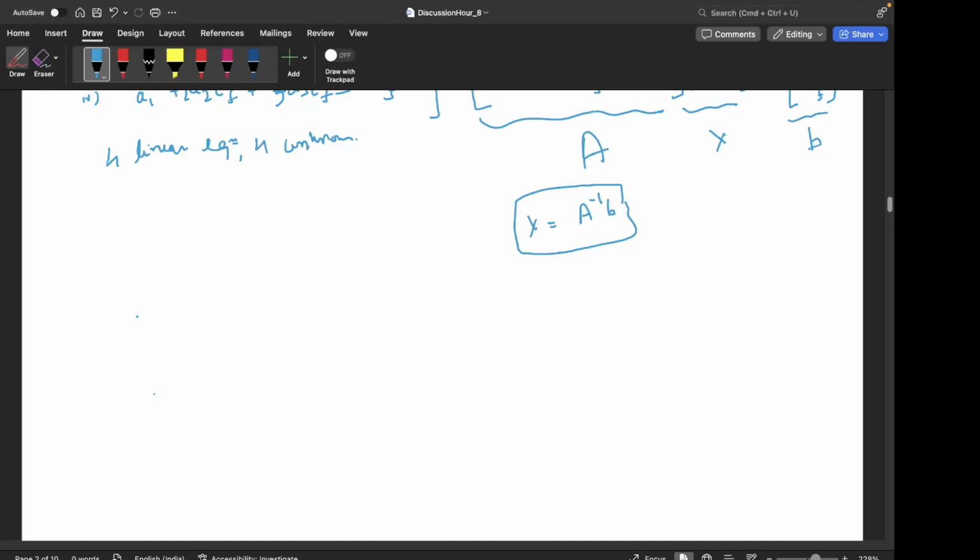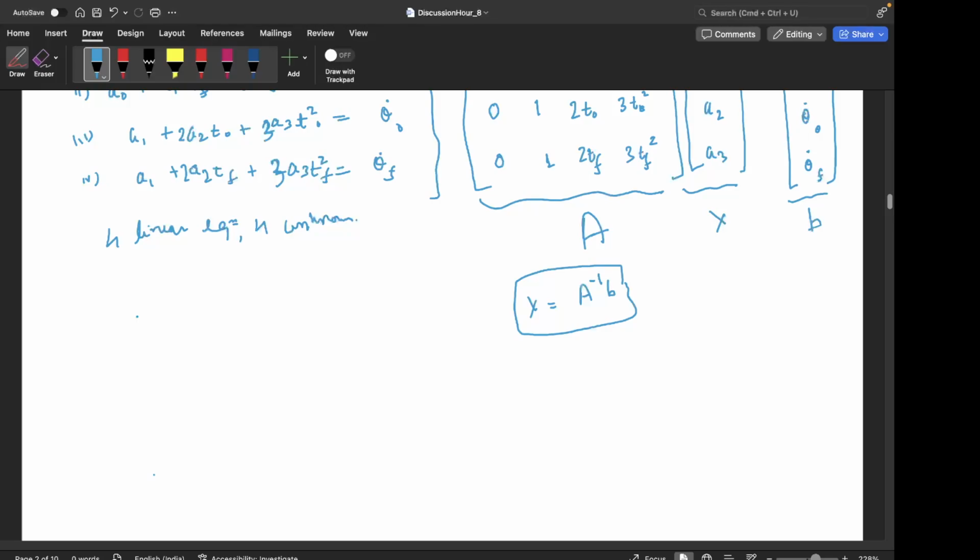At every 1 by 200th of a second, I put the value of t in the equation of theta t and get the value of theta, and I command that theta to my motors, right? And that's how the motors move in that profile. So that's how we make use of these trajectories.